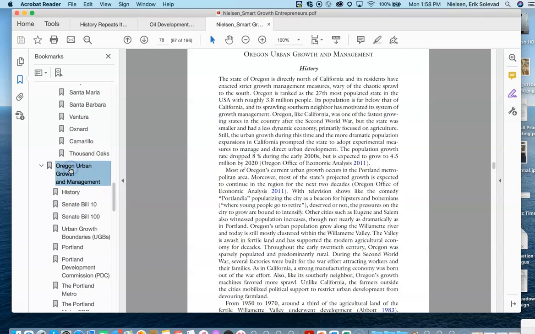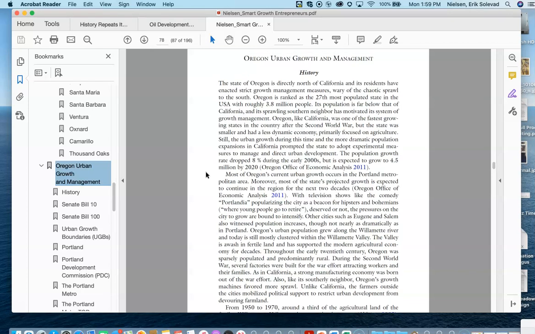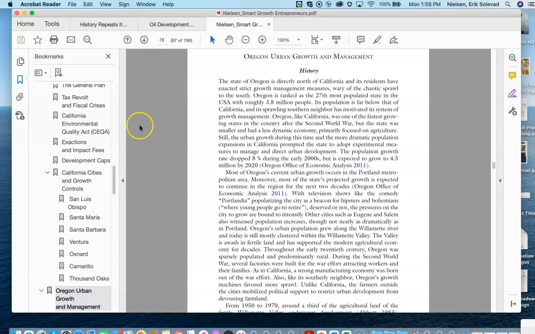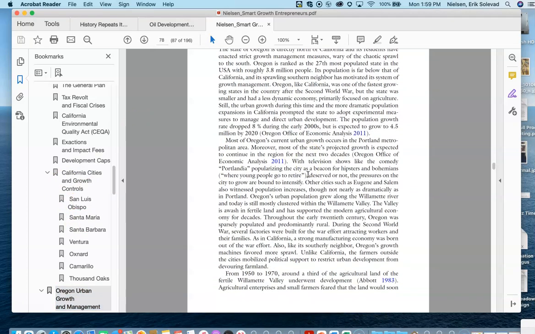And then I move to the other place, because I'm not just comparing cities within California, because California is a pretty unique state. They've got pretty unique laws. So I decided to look somewhere nearby. Look at Oregon. Oregon's also not representative, because it's got a lot of unique and interesting growth management aspects as well.